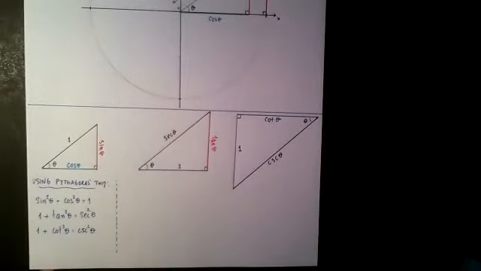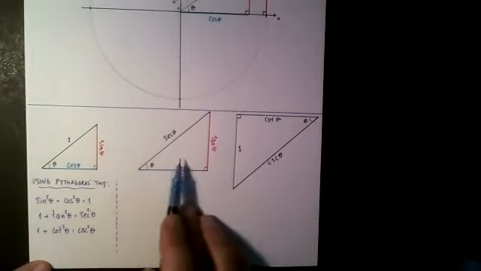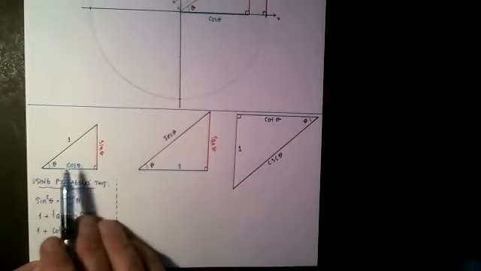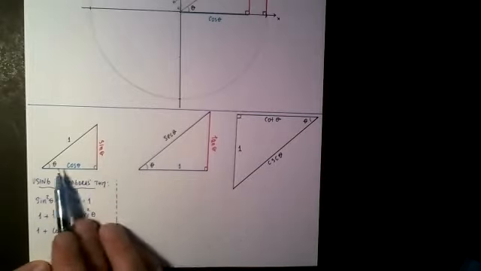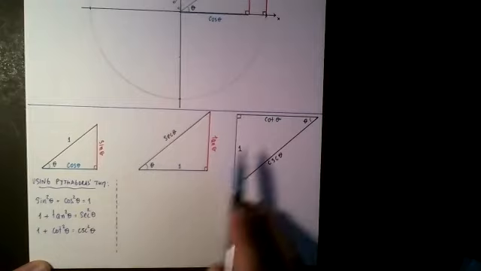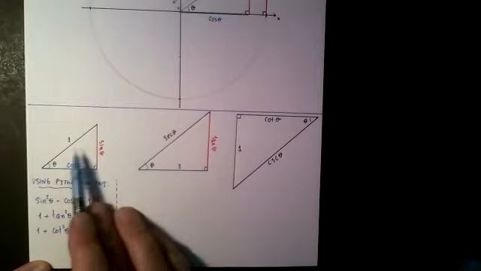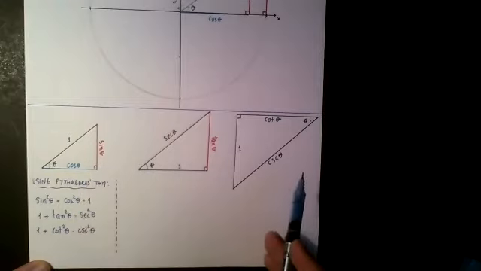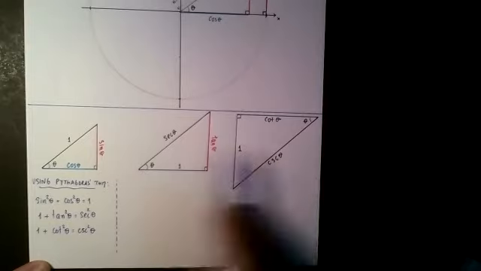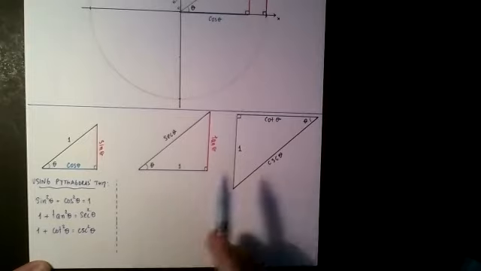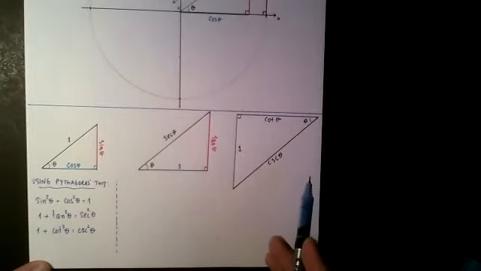Now, these three triangles all have angle, angle, right? All corresponding angles are the same, okay? So how do you call such triangles where you have angle, angle? Remember this?